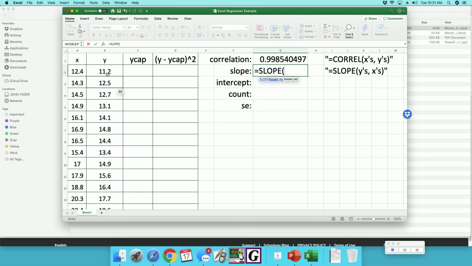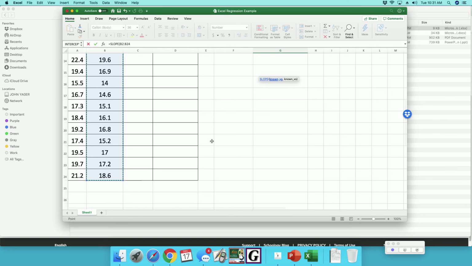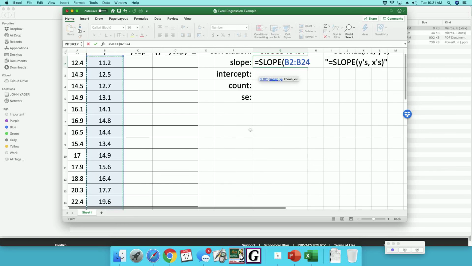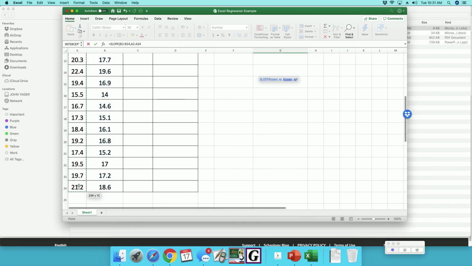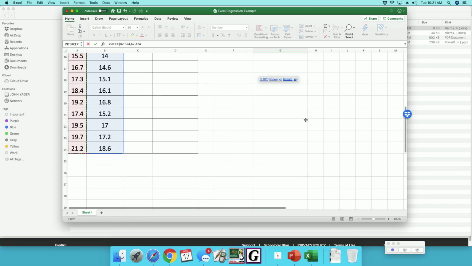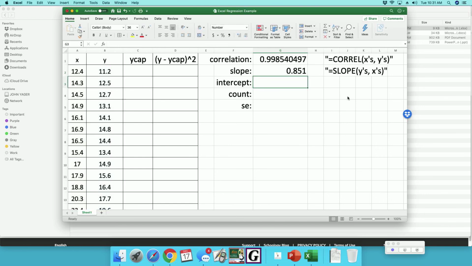Known y's, so we're going to go top down and put in all the y's. Put in our comma. Now known x's, top down again. Make sure you do it in the same direction that you did the y's. Close my parenthesis and enter. My slope is 0.851.